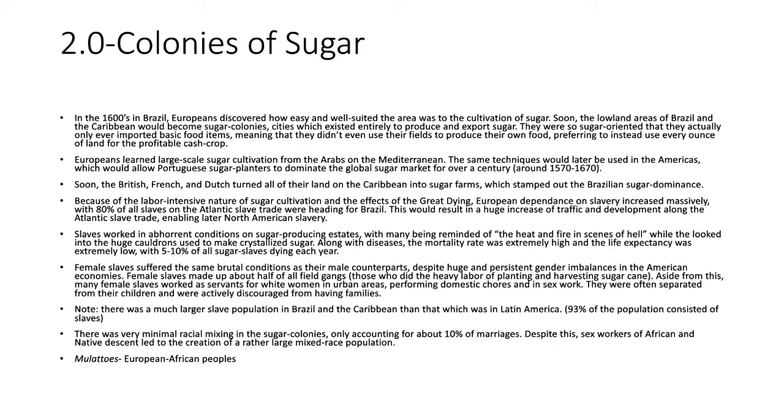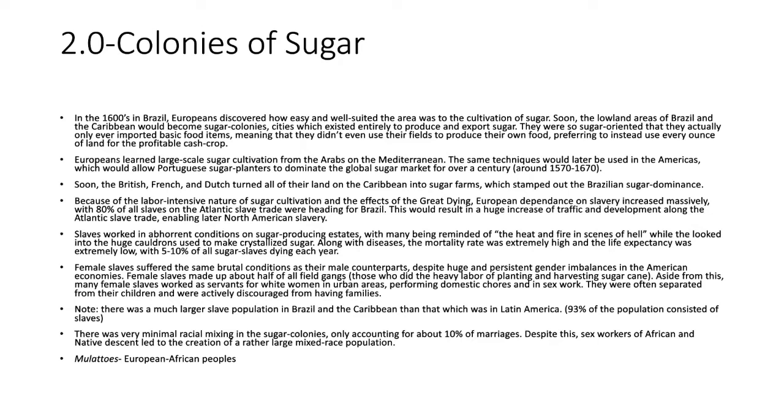And it provides a model for the Northern American reliance on slaves. Working conditions were abhorrent. Especially on sugar producing estates, working conditions were abhorrent, with many being reminded of the heat and fire in scenes of hell while they looked into the huge cauldrons used to make crystallized sugar.